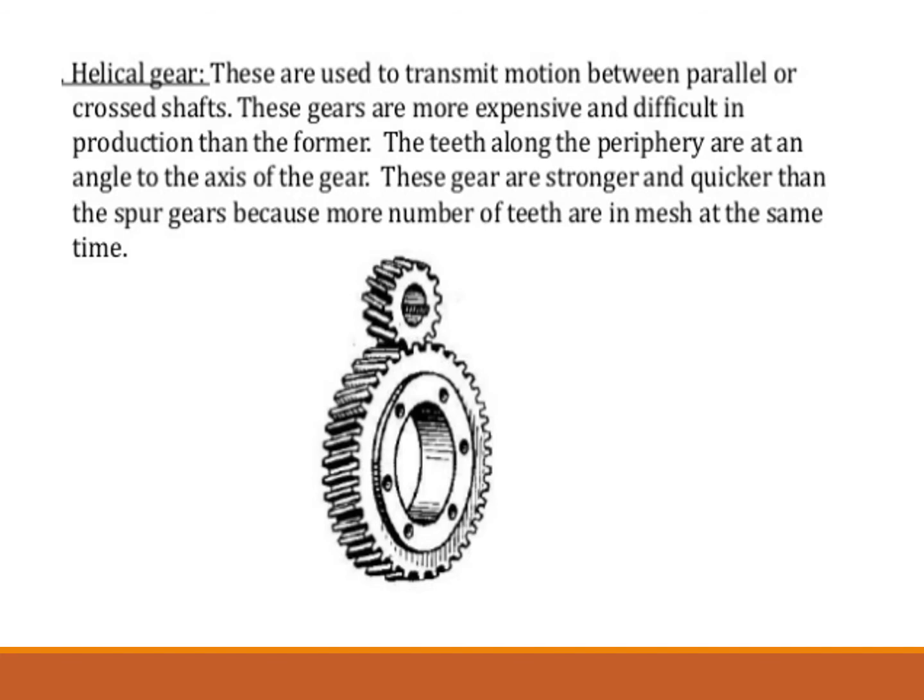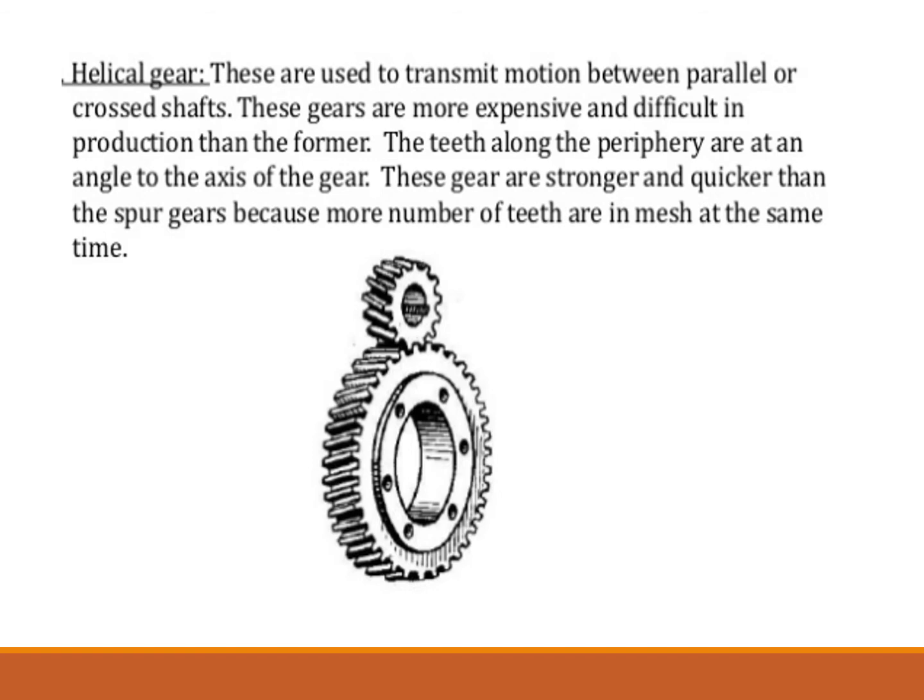Helical gears operate more quietly and smoothly than spur gears. This is due to the fact that the teeth of helical gears slide one across the other rather than hitting each other, as in spur gears.